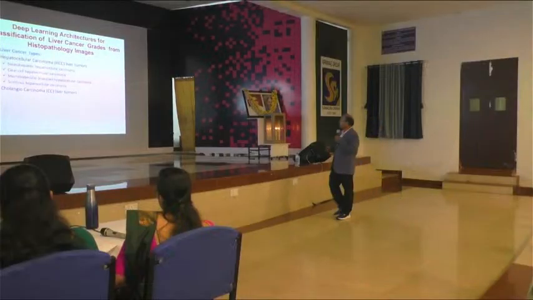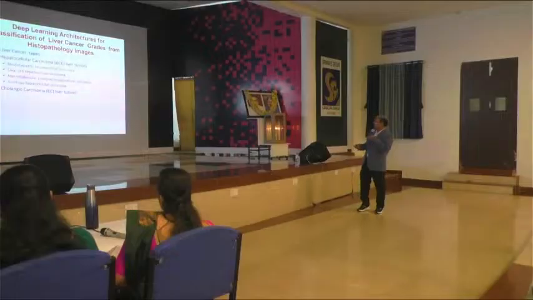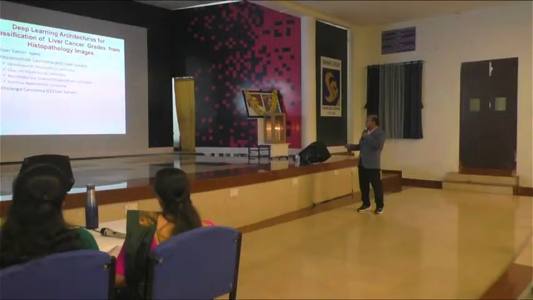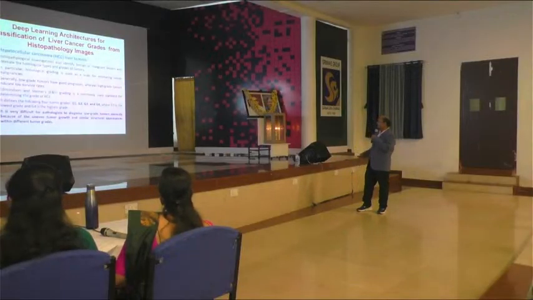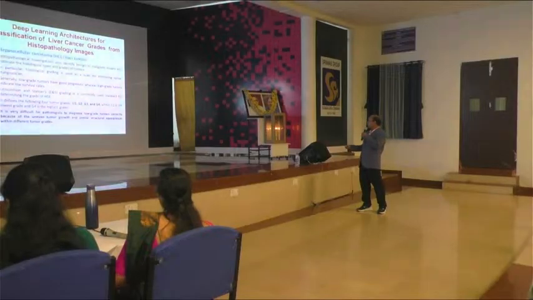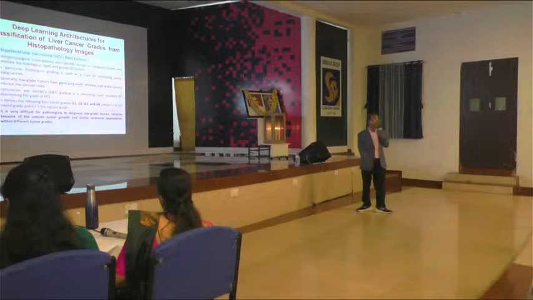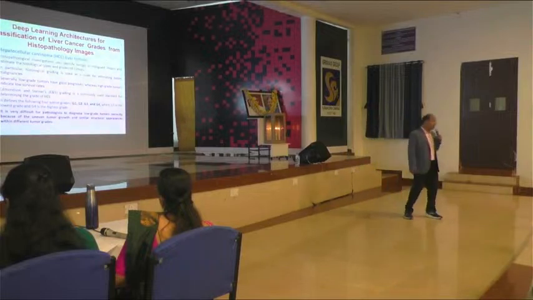So this is basically about liver cancer subtypes. We have brought it to SCC and CC liver tumor. Most of the cases are SCC only, hepatocellular carcinoma, and these are the grades G1, G2, G3, G4. G1 is the lowest and G4 is the highest, right? So there are 5 grades as per standard protocols.